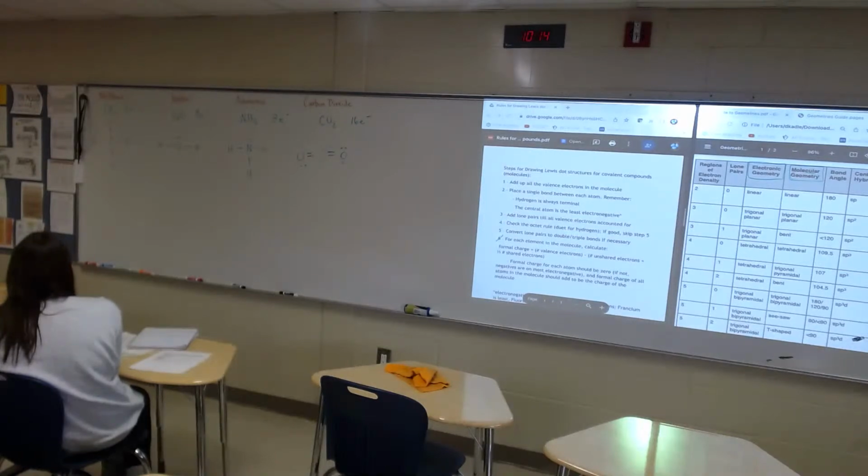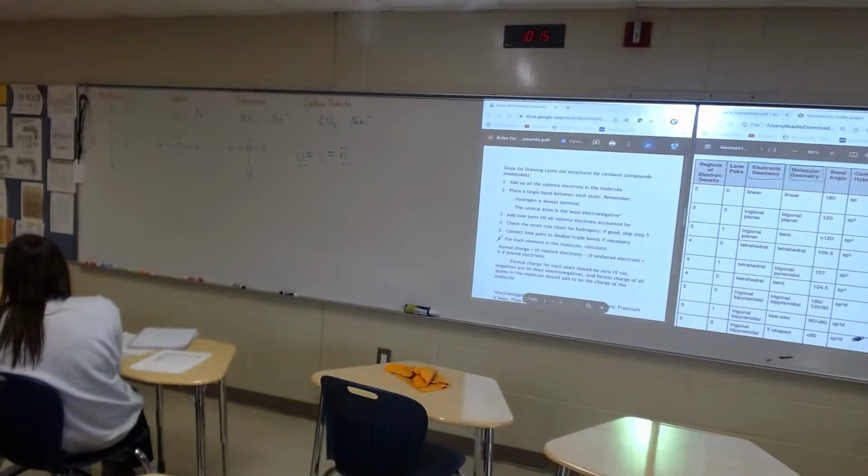If we look at water, it's got 4 regions, but 2 of them are lone pairs. So if we look at our chart, 4, 2 is electronically tetrahedral, but molecularly, what does that say? Bent. Here's how that works, okay? Pay attention now. 4 minus 2 is 2.